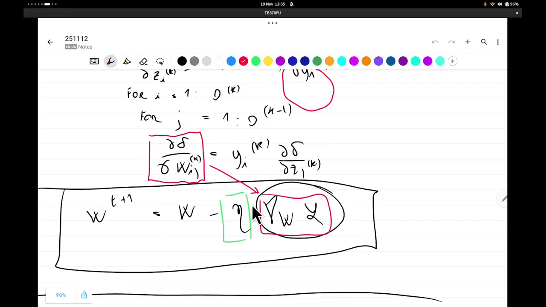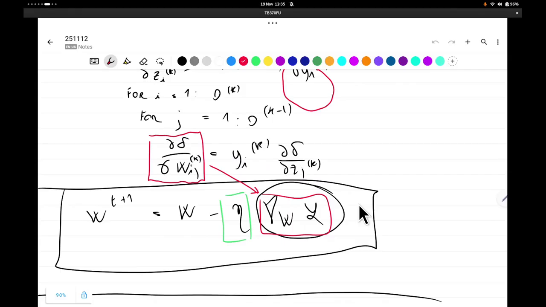So at least the basic or ideal gradient descent would have the change of the loss function with respect to all.